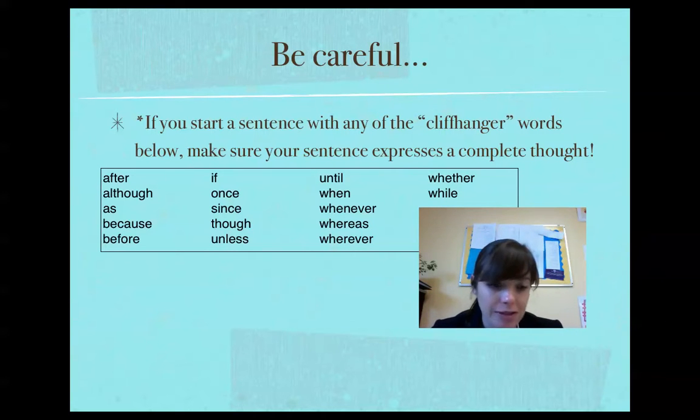If you start your sentence with any of those words, you're in danger of leaving me on a cliffhanger. You've got to finish the thought whenever you use one of these words. You have to be very careful when you use them, because I see a lot of y'all doing this, where you'll say, you know, because I didn't do my homework, and you just stop. So you have to make sure you finish that thought within the same sentence.